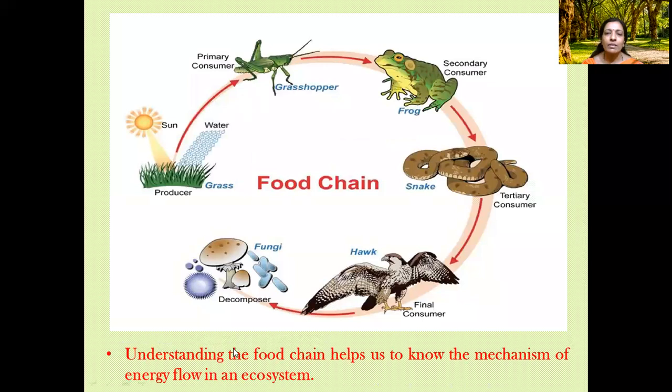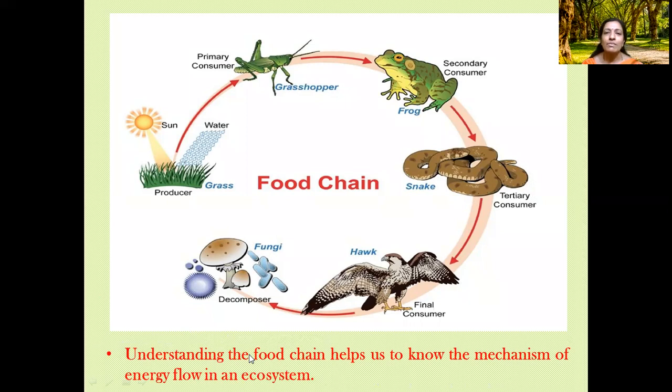Now, this diagrammatical representation of the food chain will help you understand the food chain much more easily. So, you can see that using the solar energy, plants prepare food. So, they are known as producers. Then you have small insects like a grasshopper which feeds on these plants, who are known as the primary consumers.